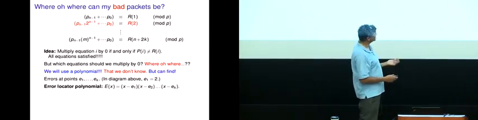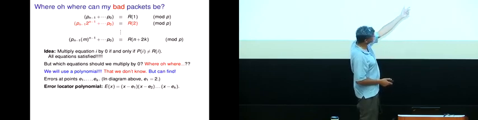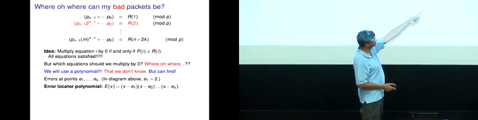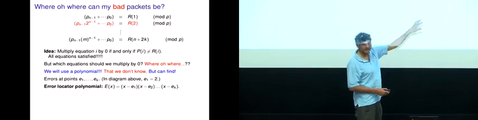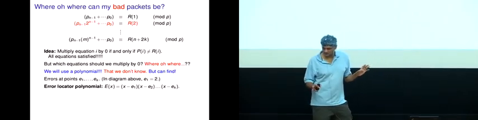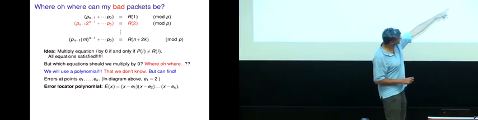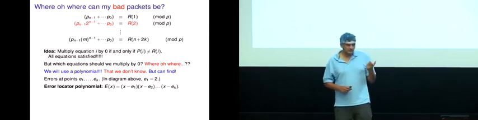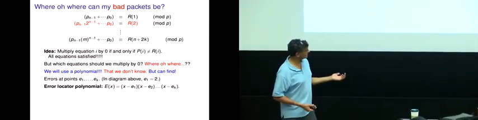And I can keep doing this. This object is 0 at all the values where there's an error. I don't know where those values are, but if I knew the right values for E1 through Ek, this object does give me a 0 at the errors. What should I do with this object then?